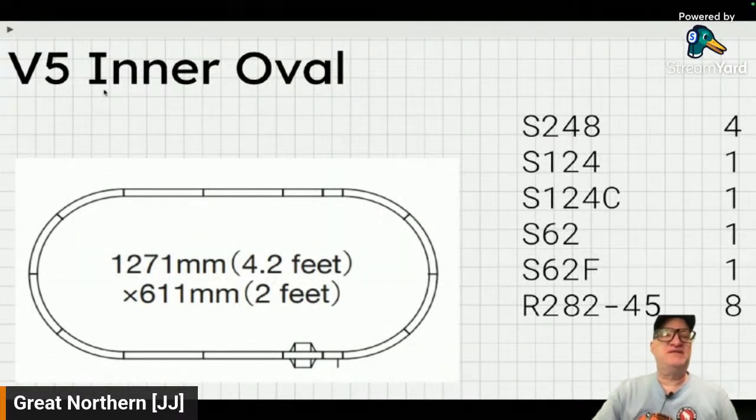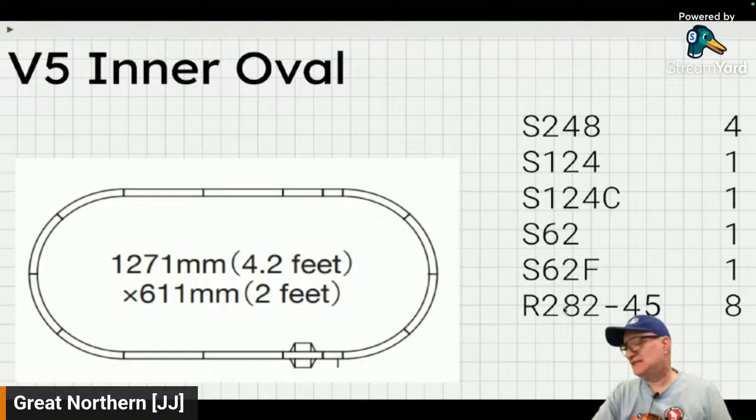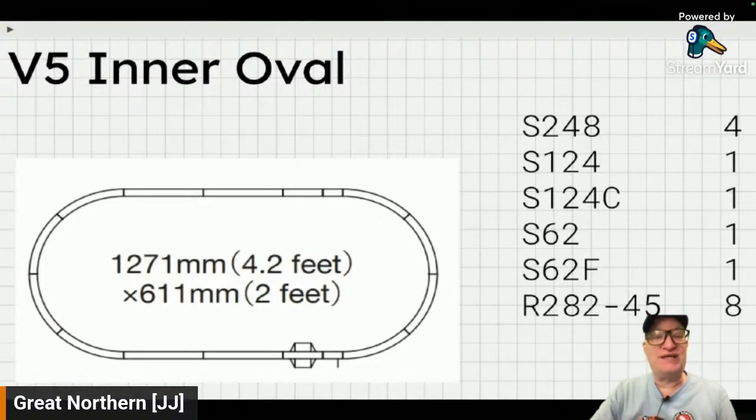So the next up is what's called the inner oval. And why is it inner oval? Well, if you'll see, the radius is 282 millimeters. It's fairly tight. I would almost call this toy-like, even though I think many people will call all of Kato Unitrack toy-like.